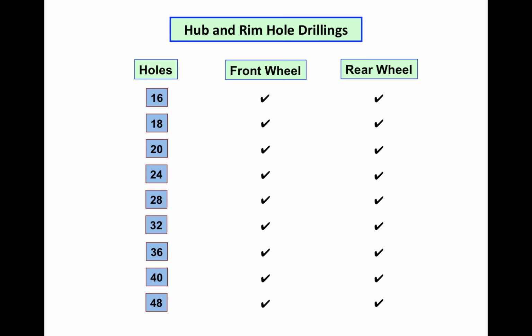I said before that we can't use a hub and rim that have 18 holes in a rear wheel, and that's because 18 is not a multiple of 4. So if you're using 18 spokes, it means you have to have radial lacing on both sides, and therefore it's inappropriate for the rear wheel because there's no capability of transferring torque.